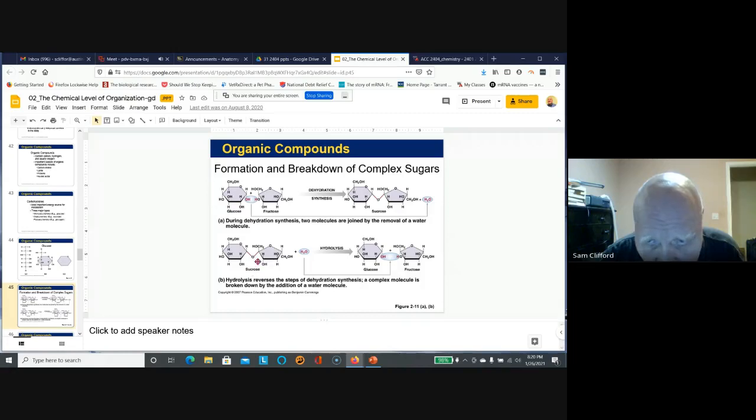Hydrolysis is when we add water back in and we make single glucose and single fructose from sucrose. Make sure you know what dehydration synthesis means and what hydrolysis means. These are reactions that take place in the body using enzymes.